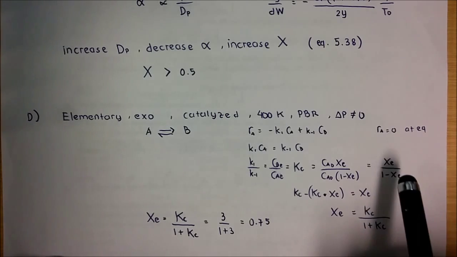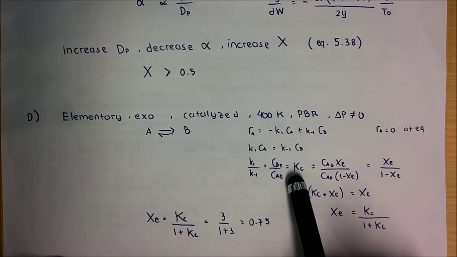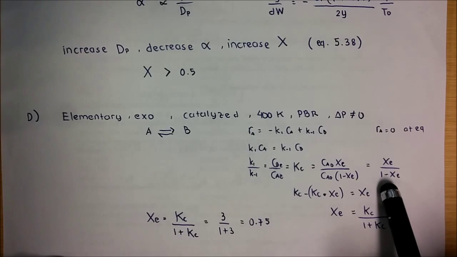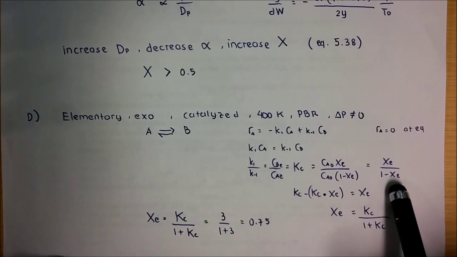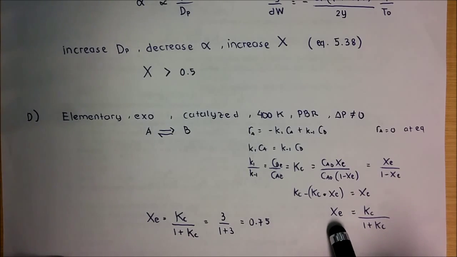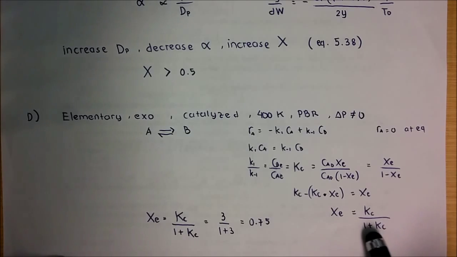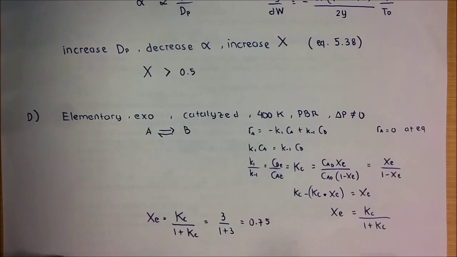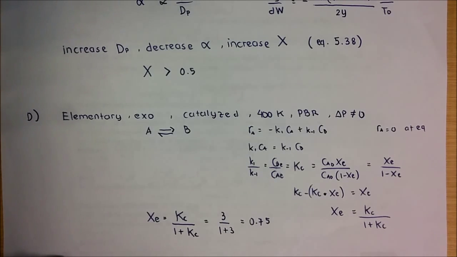If we break it down based on stoichiometry, Kc is going to be equal to the equilibrium conversion over 1 minus equilibrium conversion. If we rearrange the equation, we have equilibrium conversion equal to Kc over 1 plus Kc. Since we know that Kc is 3.0, we can plug in the numbers to find the equilibrium conversion, which is 3 over 1 plus 3, equal to 0.75.